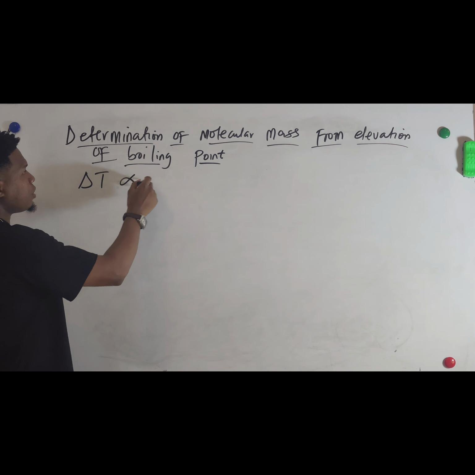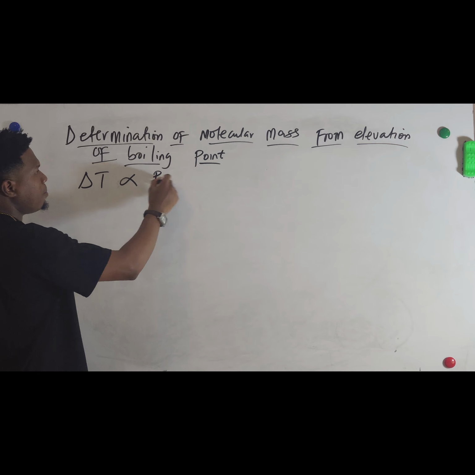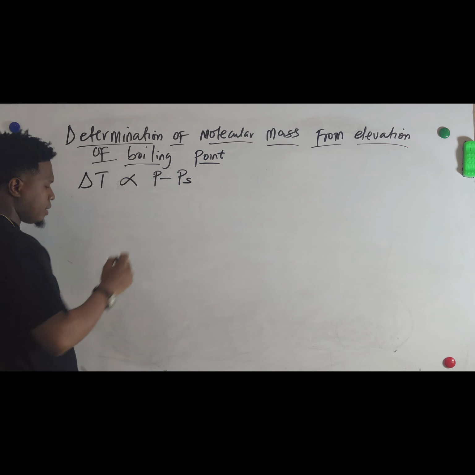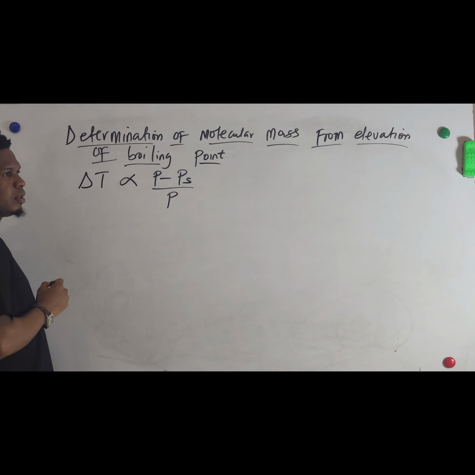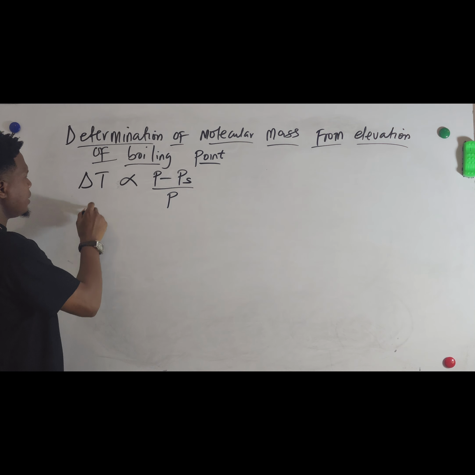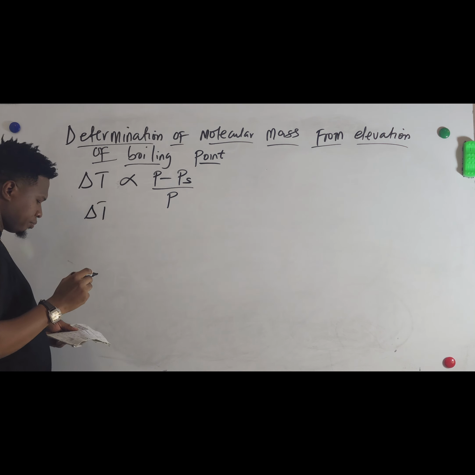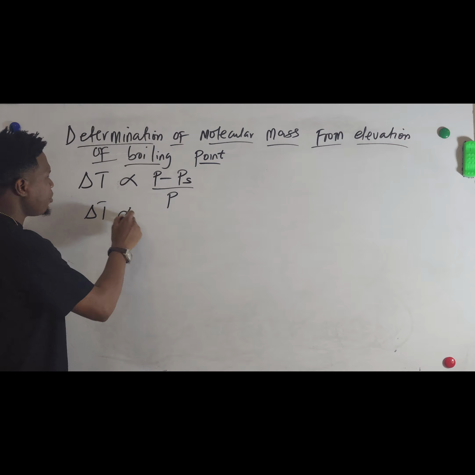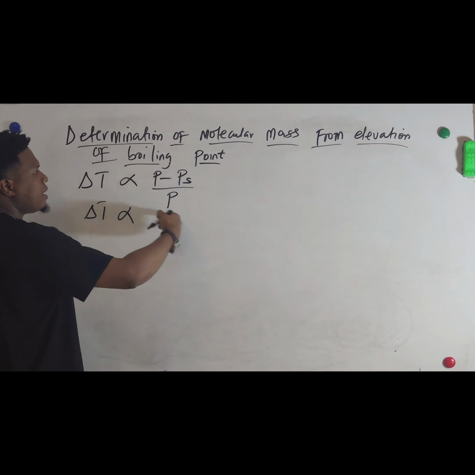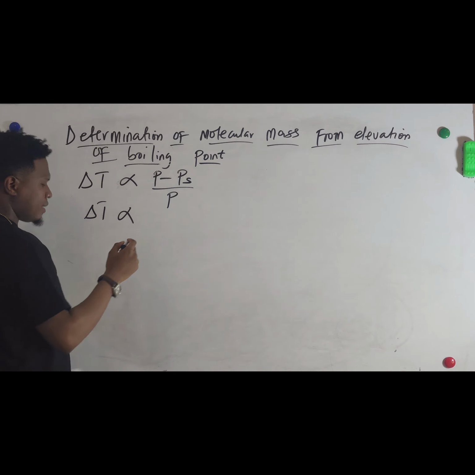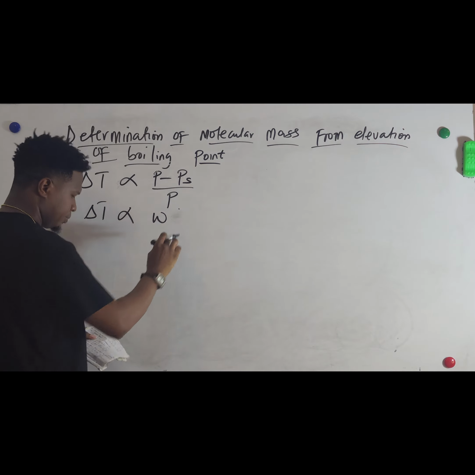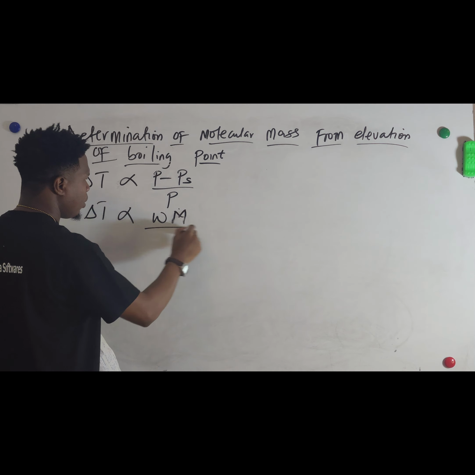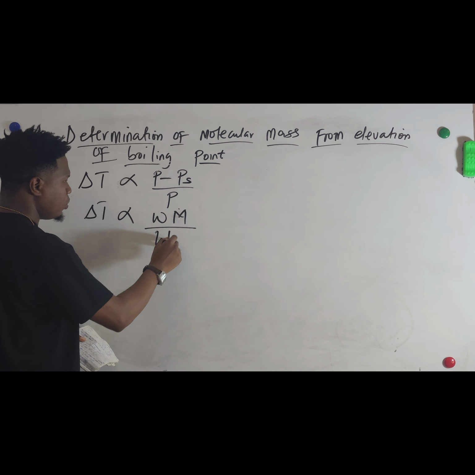So I can say it's directly proportional to P minus PS over P. And recall that this change in T is directly proportional to this thing you are seeing here, which is the same thing as W capital M all over capital W M.